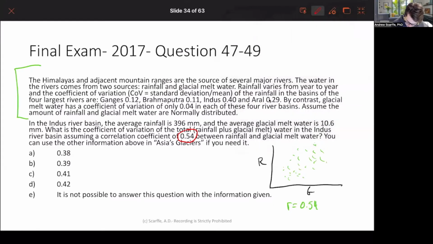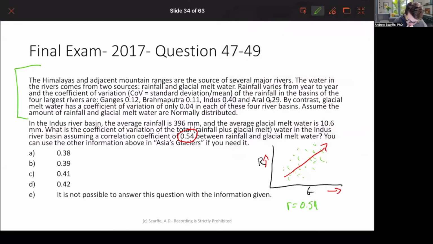And what that means is that we have a modestly strong positive linear relationship between rainfall and glacial meltwater. In other words, as the amount of rainfall increases, so does the glacial melt. So as glacial melt increases, so does rainfall, and vice versa. So that's just an overview of what the correlation coefficient means.